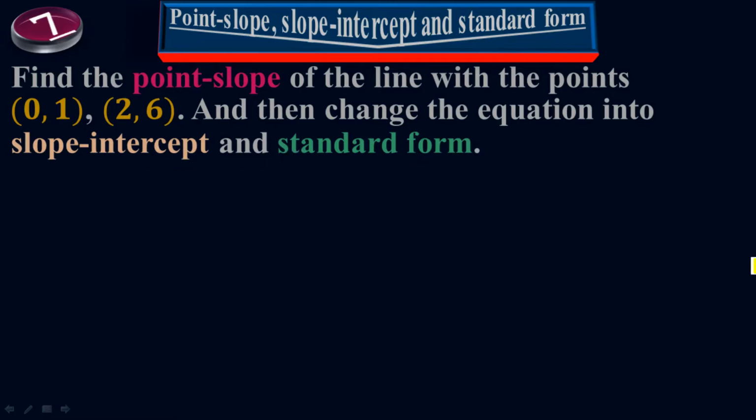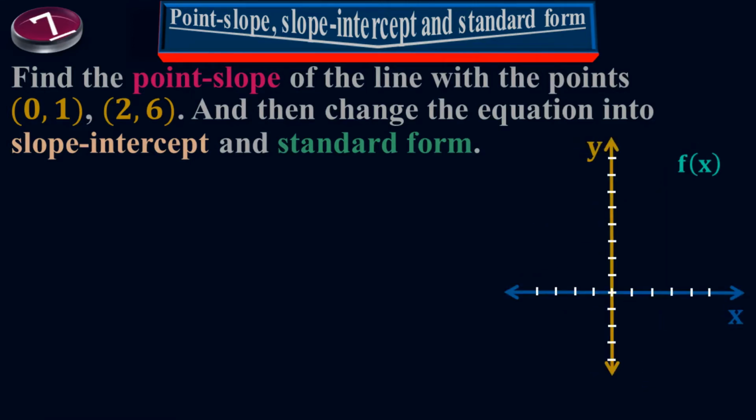So let's do it. Let me put the xy plane here. This is going to be the first coordinate point (0, 1). This is going to be the second coordinate point (2, 6). Join the 2 points. This is the line. At the first point, x equals 0 and y equals 1, positive 1.